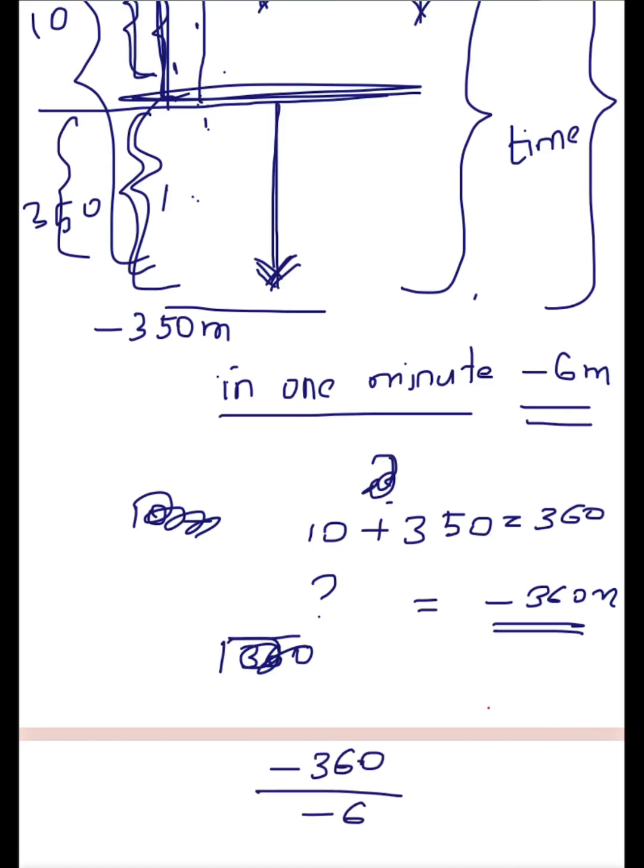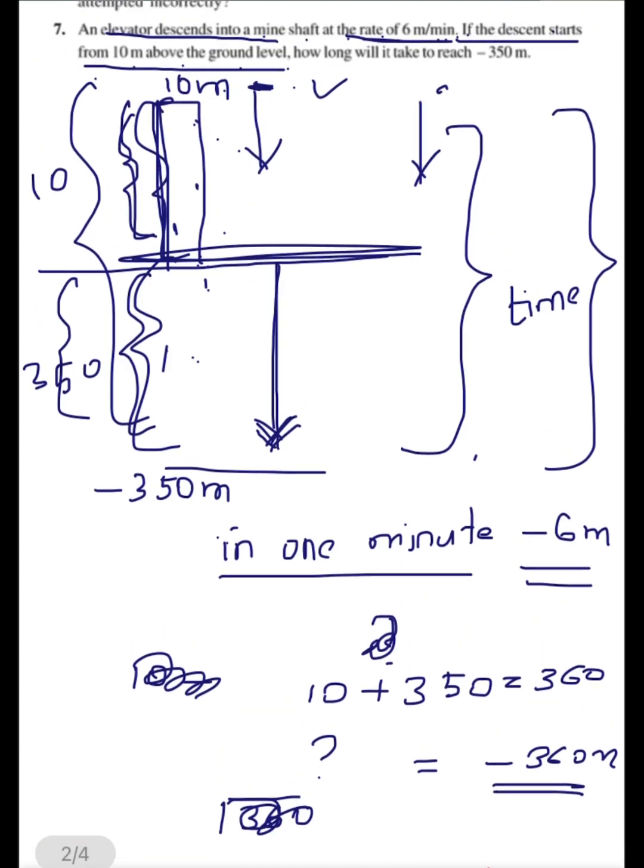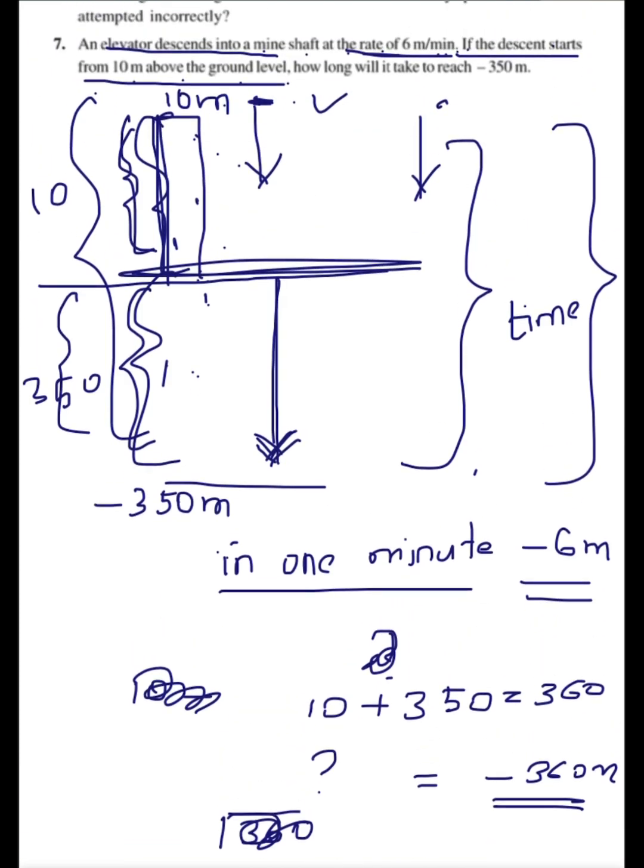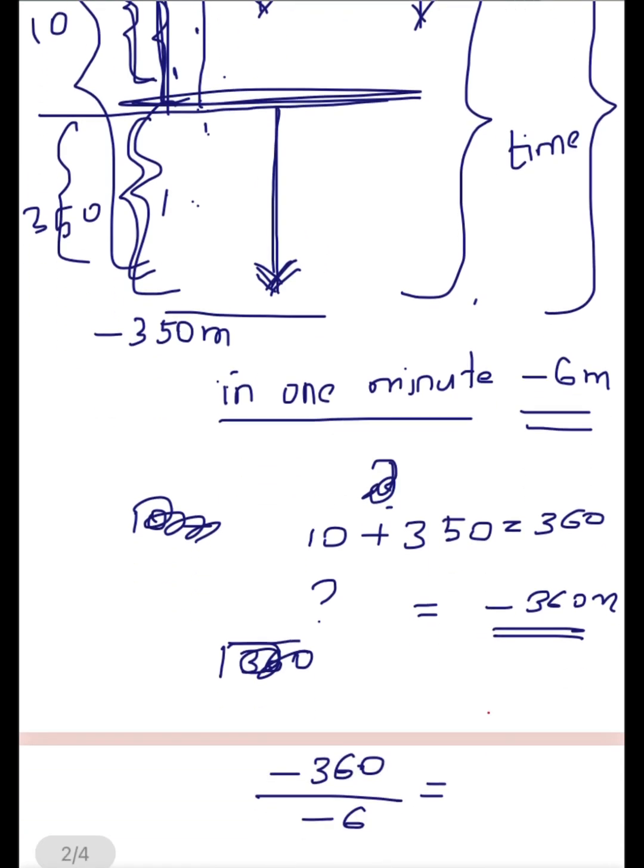If you divide minus 360 by minus 6, you will get the total time taken to cover this distance. The total distance to cover is 360 meter. Since it's going down, we write it as minus 360, and in 1 minute it covers minus 6 meter. So the time taken will be minus 360 by minus 6.